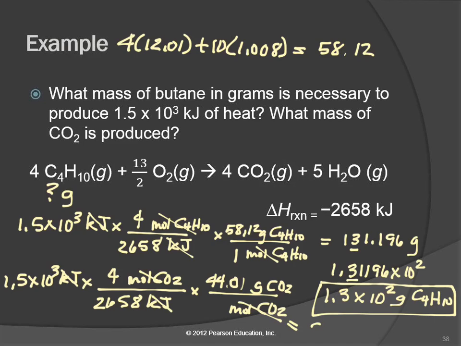So that would round to 99 grams of CO2. So if I burn 130 grams of butane, I'm going to get this much energy released, and I'm going to produce 99 grams of carbon dioxide. Any questions?